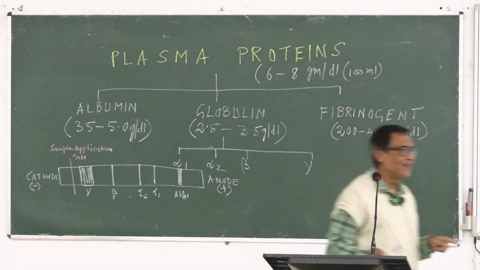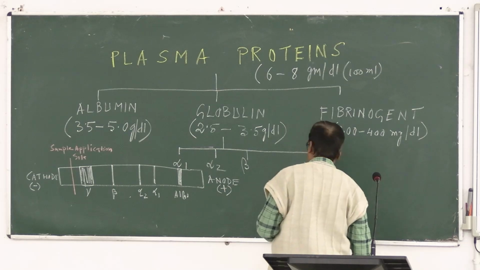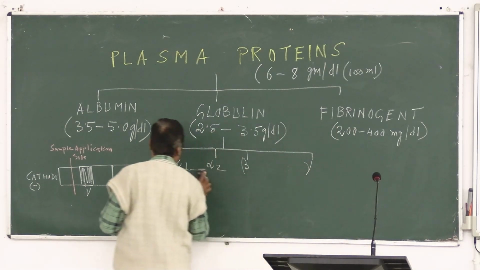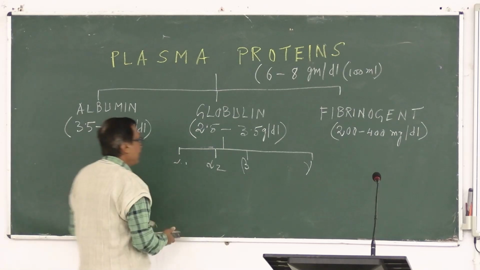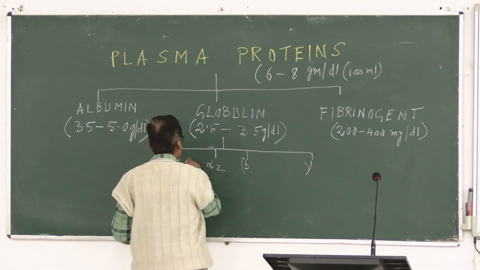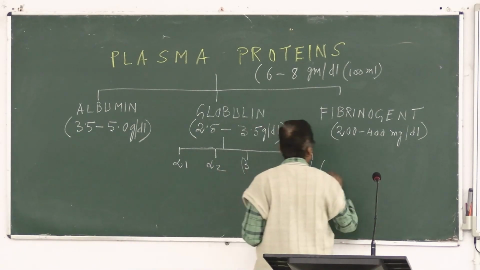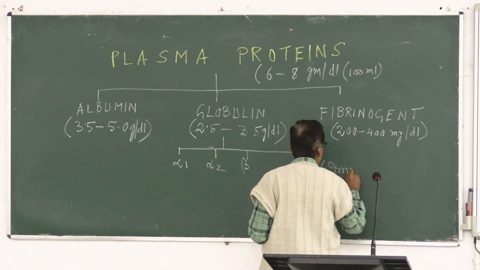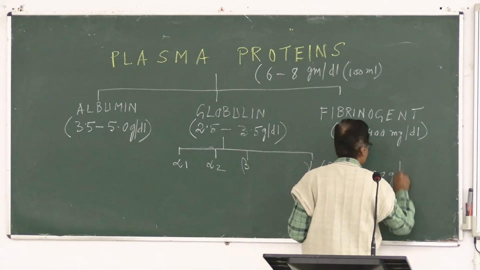Based on these separation techniques, alpha 1, alpha 2, beta, gamma are represented here. Gamma globulin is known as immunoglobulin or antibody.